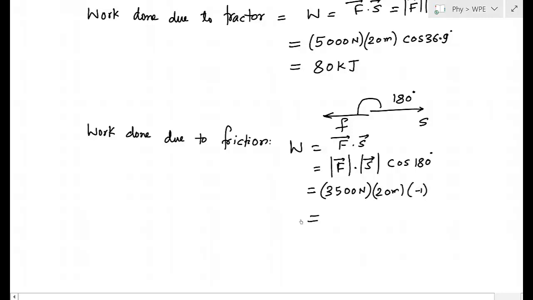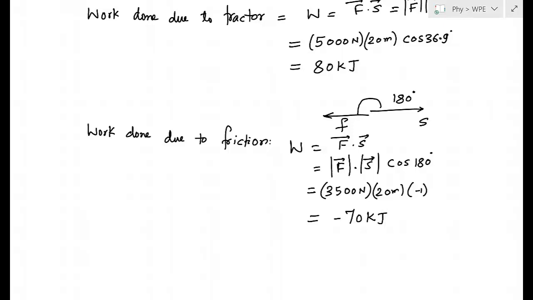So if you calculate all this, this will come to 70 kilojoule of work with a negative sign. So friction is doing negative work, but the tractor force is doing a positive work.